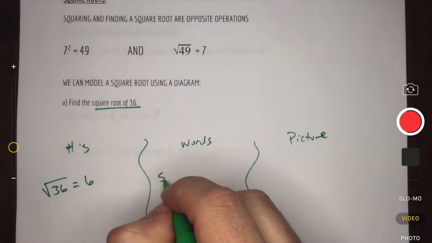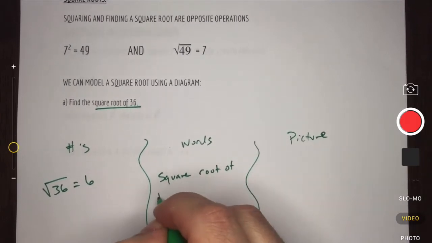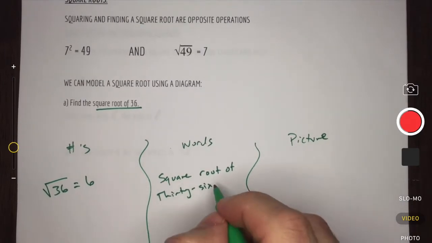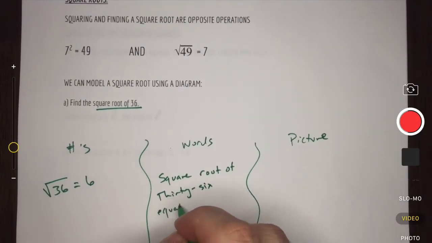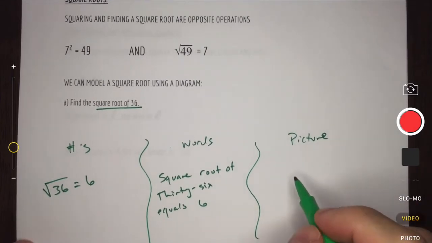In words, I can write this as simply the square root of 36 equals 6.